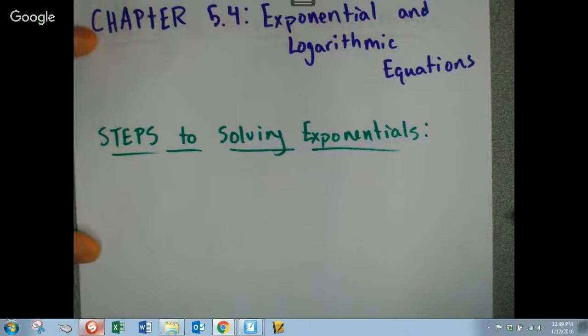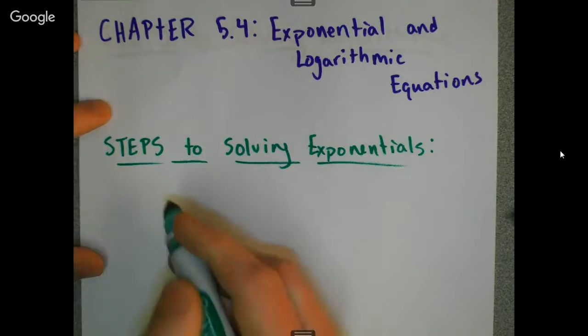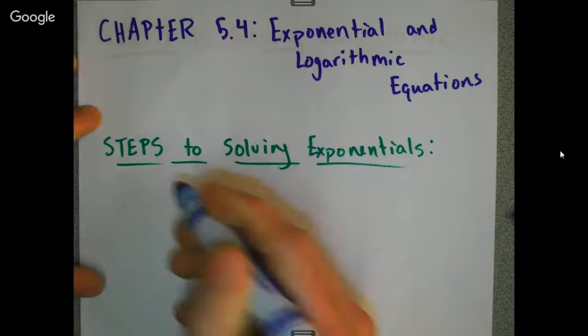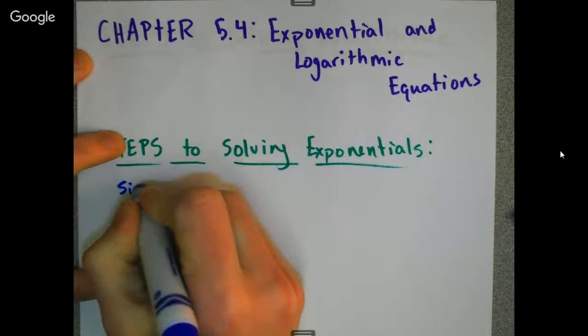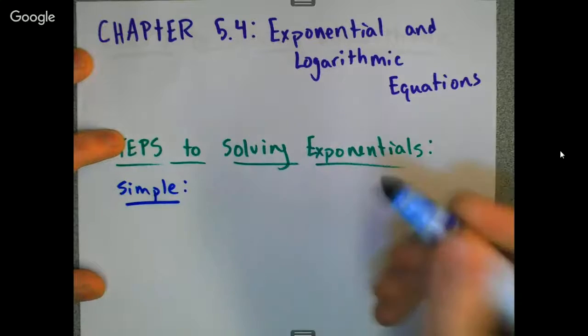So I first want to go through the steps in solving exponentials. We have two different types of exponentials, and we'll separate them into two categories. We have simple, and then we have some more complicated ones.